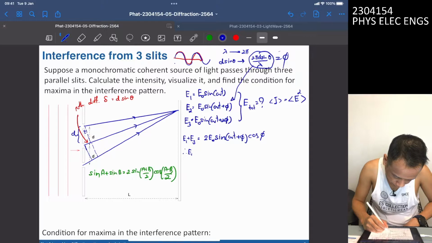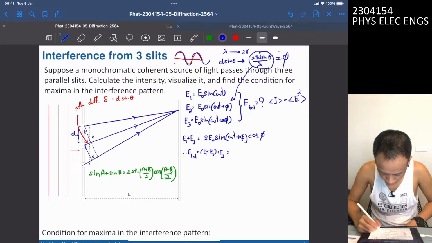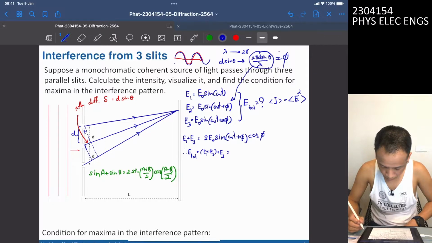Then you can see that you get the E total, which is E1 plus E3 that we did before, and then you add E2, right? So what are you going to get? I miss 2 somewhere.